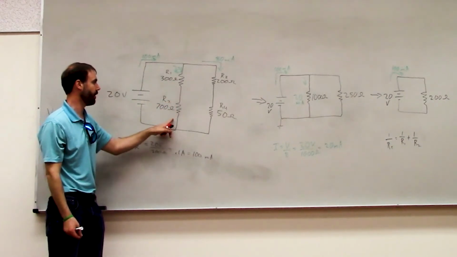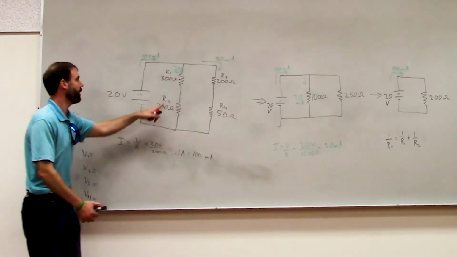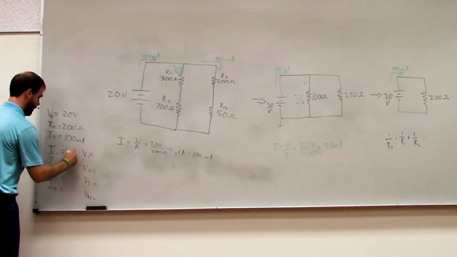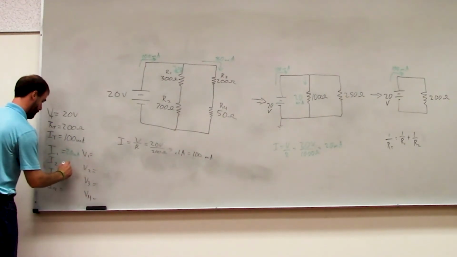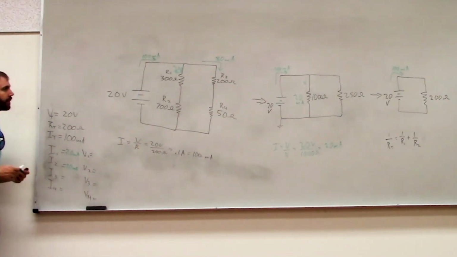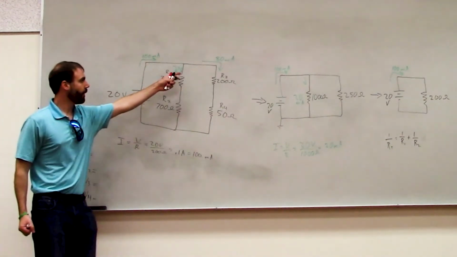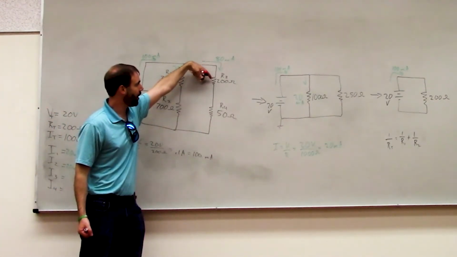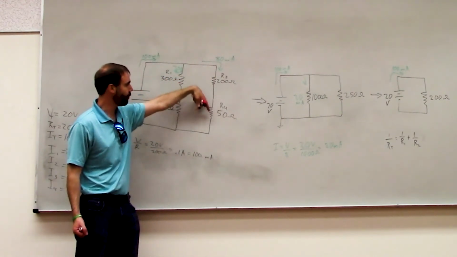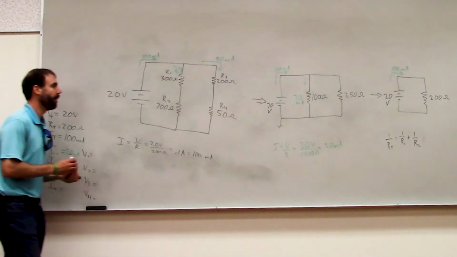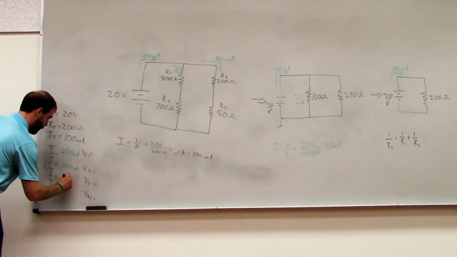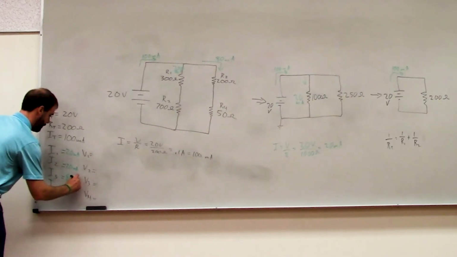So all of it has to go into R2. So we must have 20 milliamps going through R1 and R2. Similarly, we have 80 milliamps coming down through R3, and it can't split off or go anywhere else except through R4. So we have 80 milliamps going down there also. So I3 and I4 are both 80 milliamps.